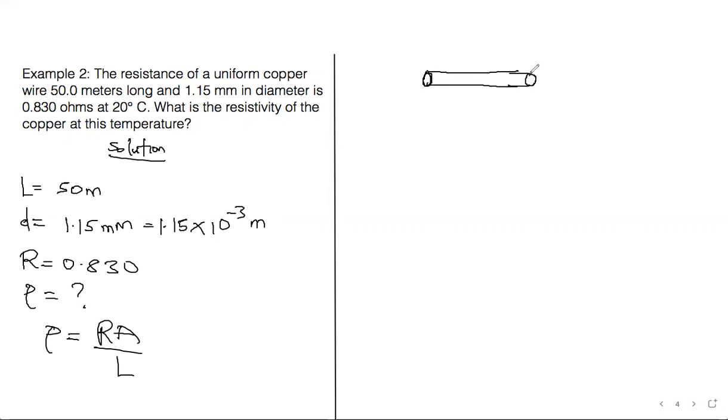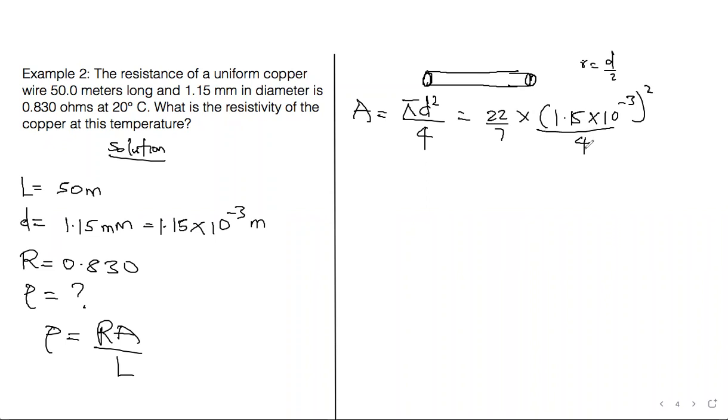So you have the diameter of the circle, which is 1.15 mm. So the area is the area of the circle, pi d squared over 4. So pi r squared, but r is d over 2. So if I replace that, then I will have d squared over 4. And that will give you 22 over 7 times d, that's 1.15 times 10 to the power minus 3 squared, then over 4.